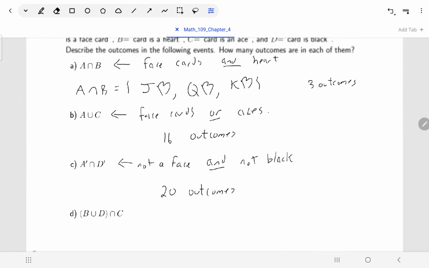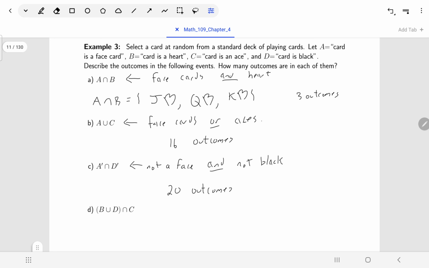And then finally, B union D intersected with C. So B union D, these would be hearts or black cards. So that would be hearts or clubs or spades. And at the same time, that needs to be an ace. So this is going to be cards which are aces.